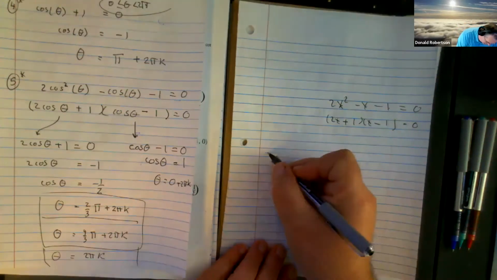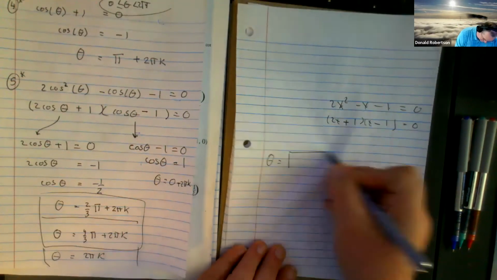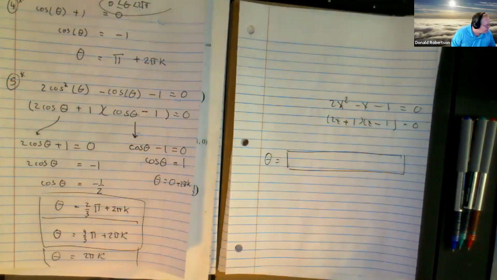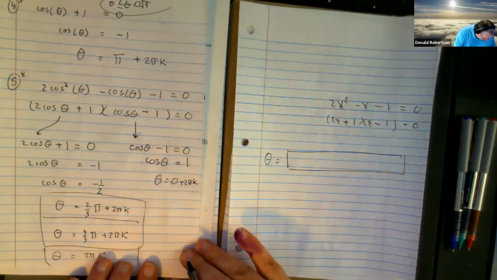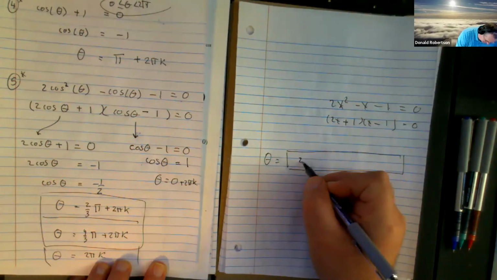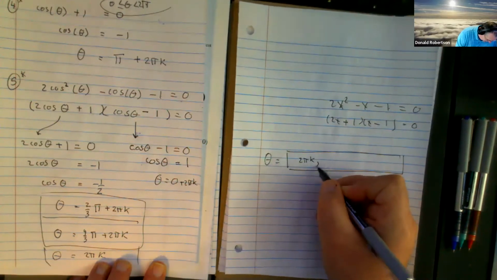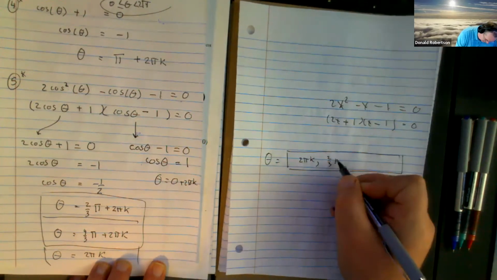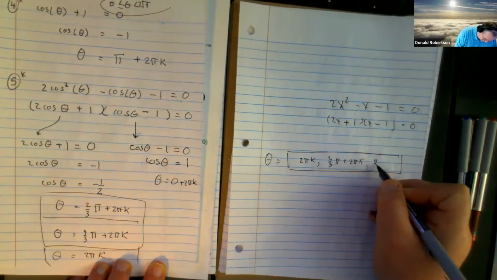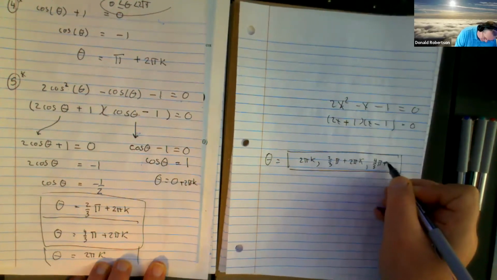And when you do them in the WebAssign way, they give you this bit and you put in a list. And I think they want them in order, but if they do, then it would look something like 0 plus 2 pi k, 2/3 pi plus 2 pi k, and 4/3 pi plus 2 pi k.